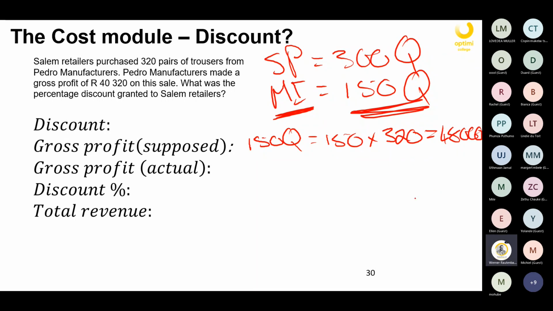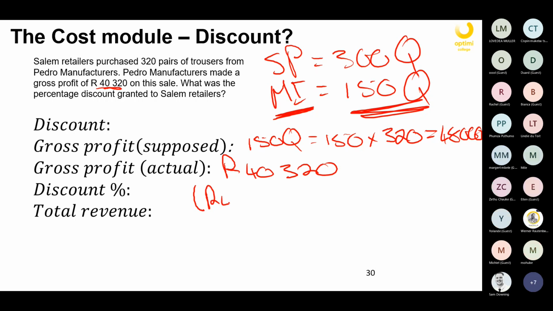Are you with me? The gross profit that I did get was 40,320. Now I work out the difference between those two: 48,000 minus 40,320 gives me 7,680.